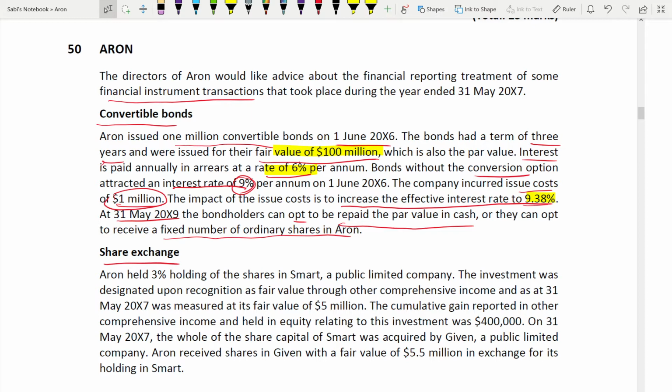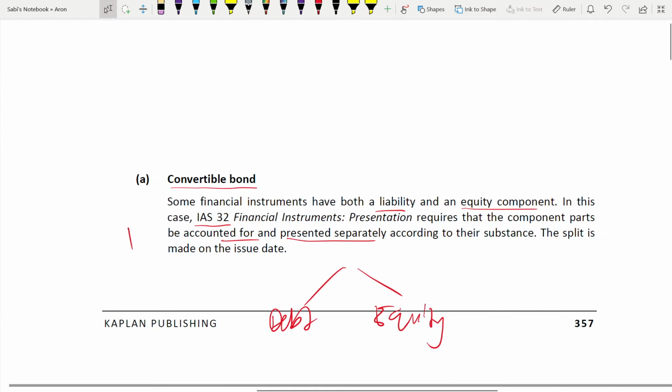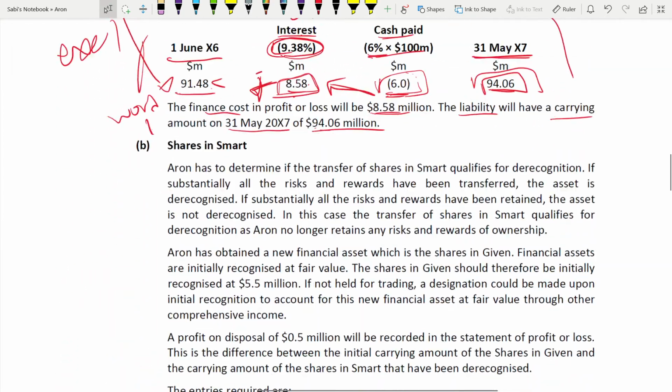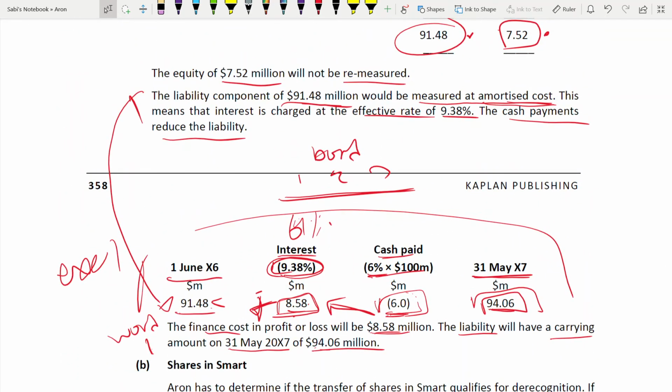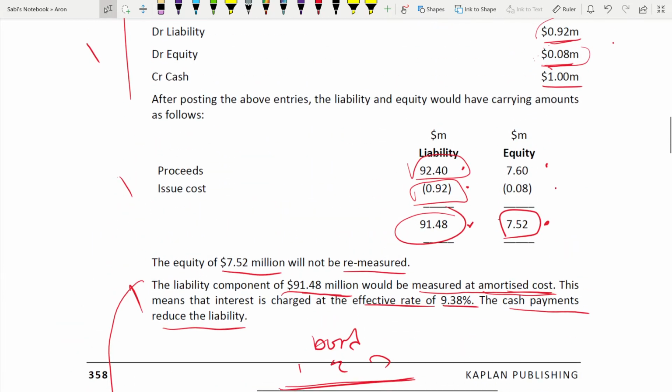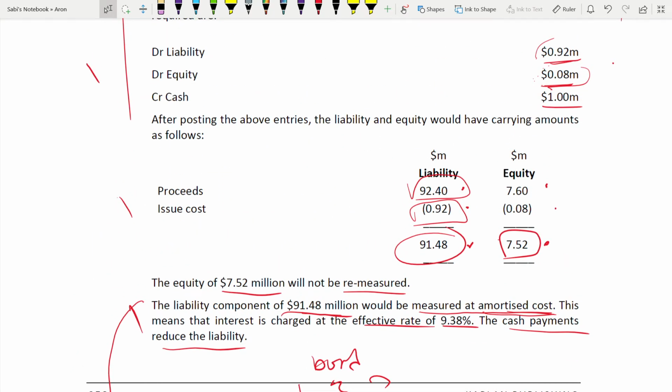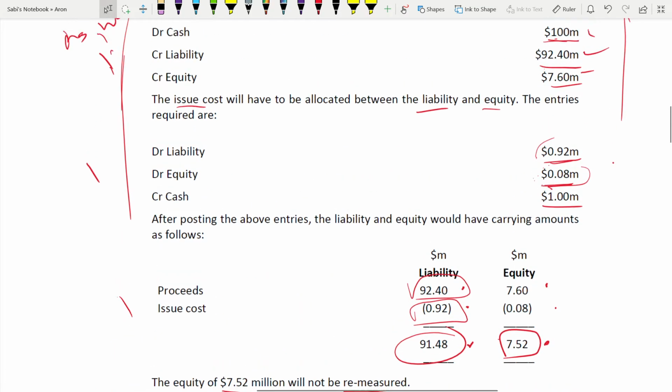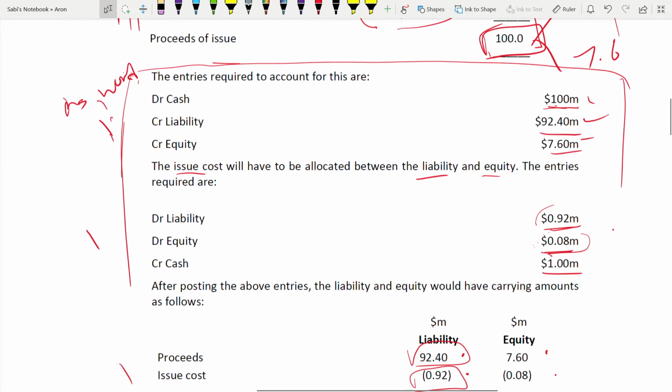The discounting factor, 9.38%. Just it has to be something to do with that 9.38%.